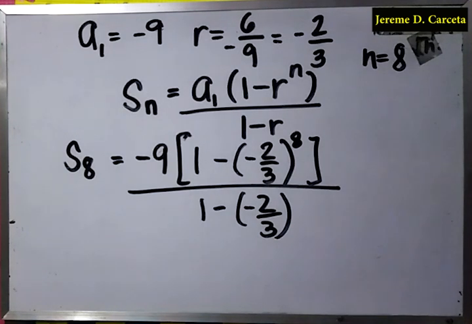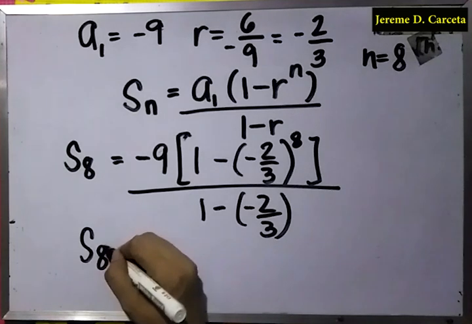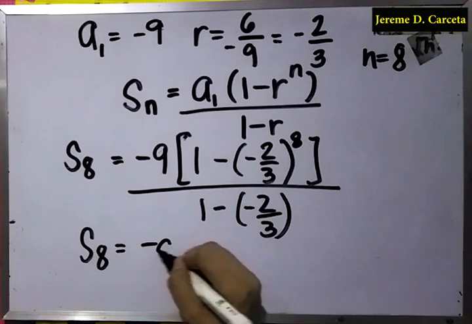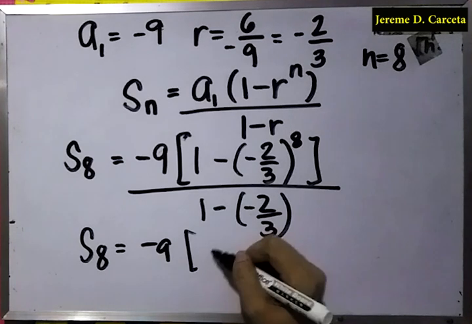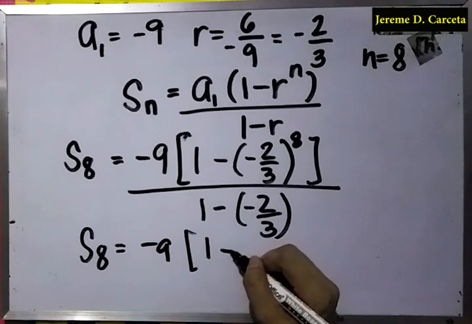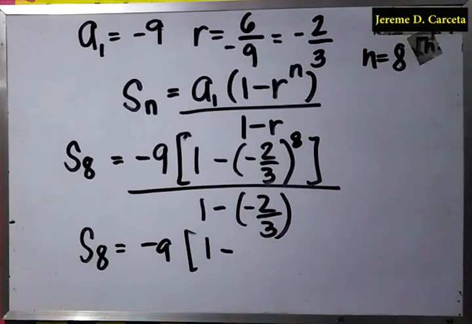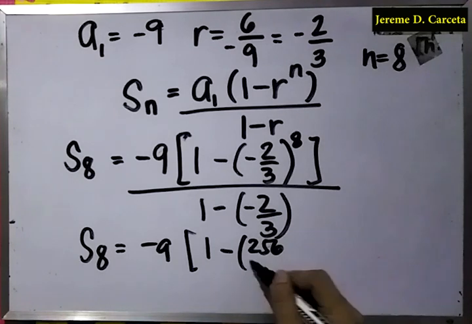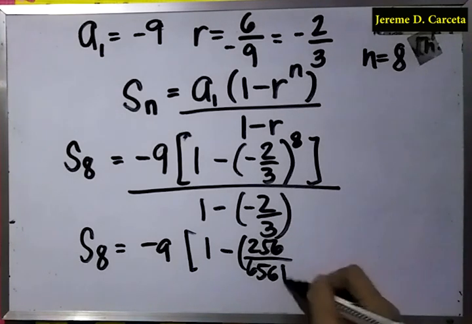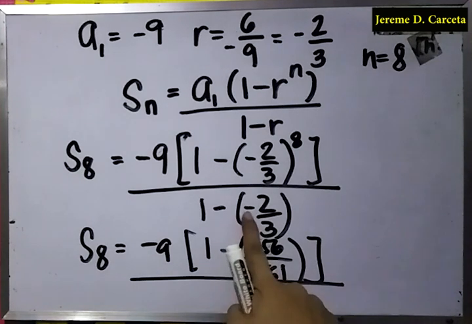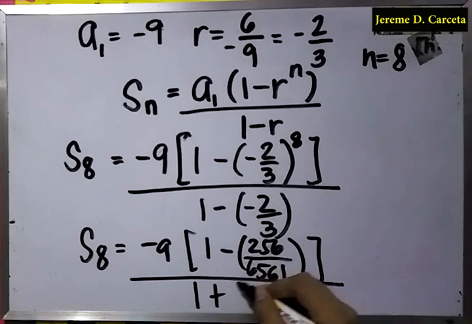So let us simplify this equation. We have here S of 8 is equal to negative 9 times the quantity of 1 minus, so our negative 2/3 to the 8th power will be equal to 256 over 6,561, all over, this one will be negative times negative becomes positive, so 1 plus 2/3.